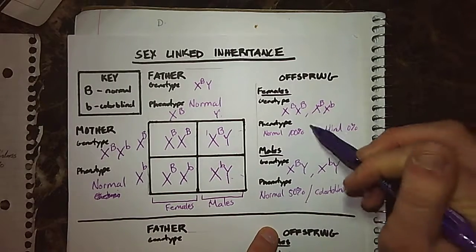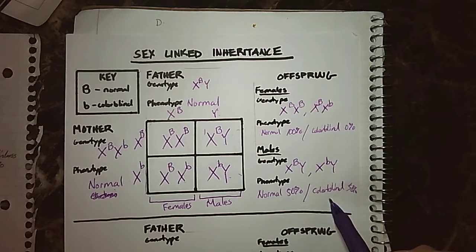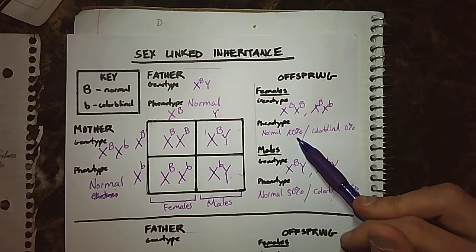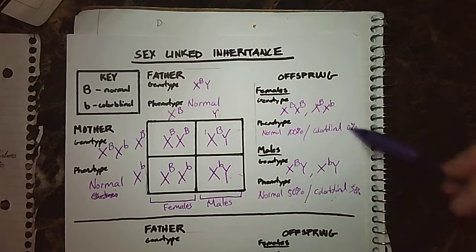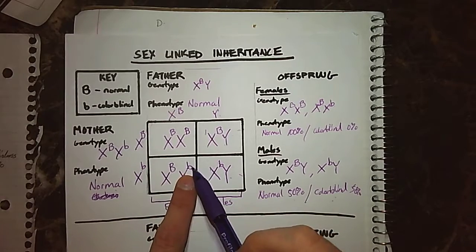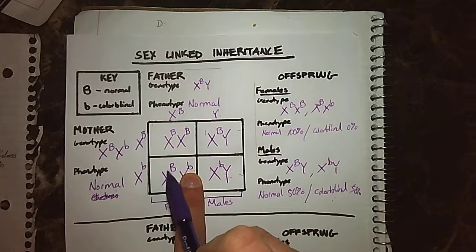again, all this means is that there is a 50% chance that you're going to have a normal individual, 50% chance that you're going to have a colorblind individual. But if we compare this to females, if you have a daughter, there's a 100% chance that she's going to have a normal phenotype and she's not going to be colorblind. Because that female might get that recessive allele just like this male did, but she also gets another X chromosome.